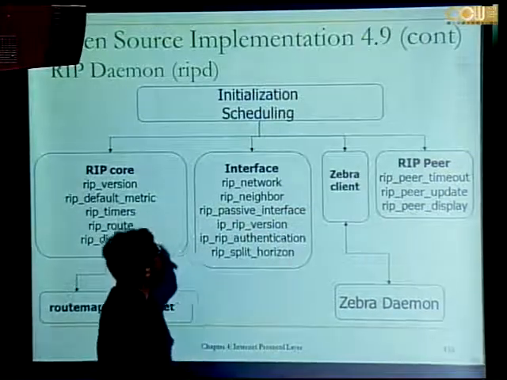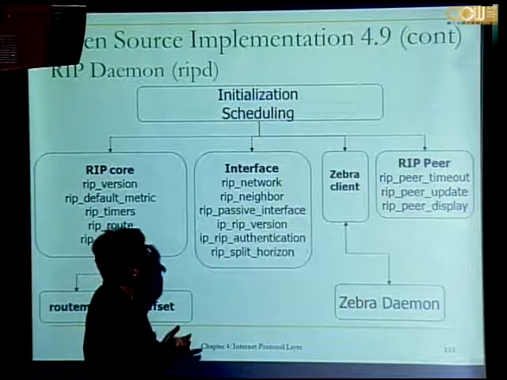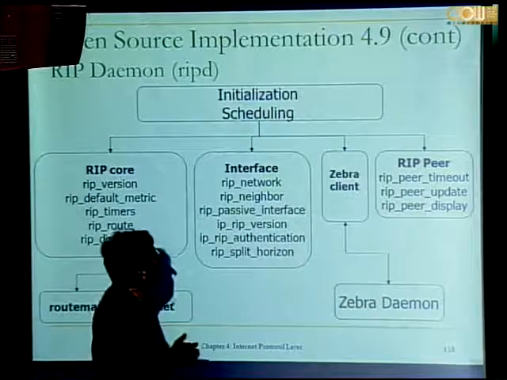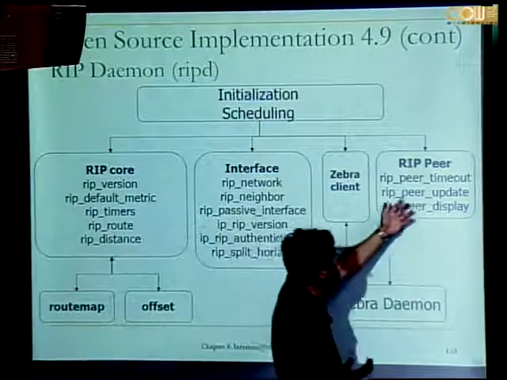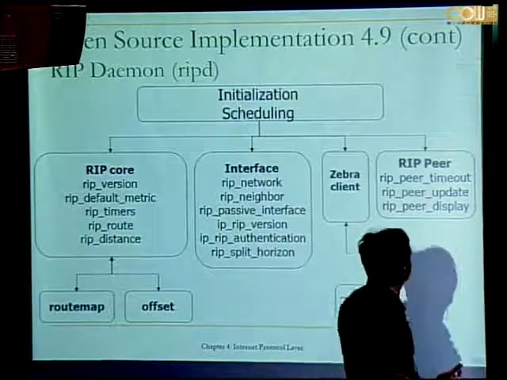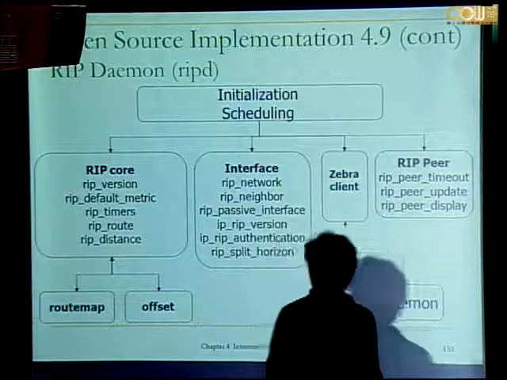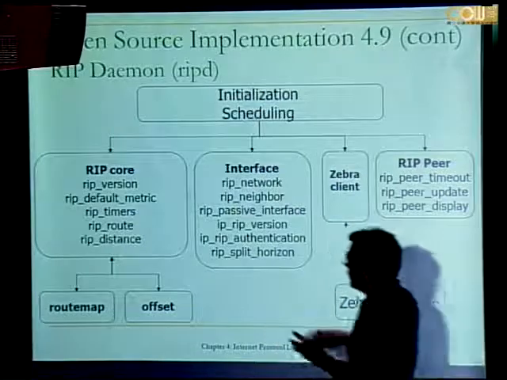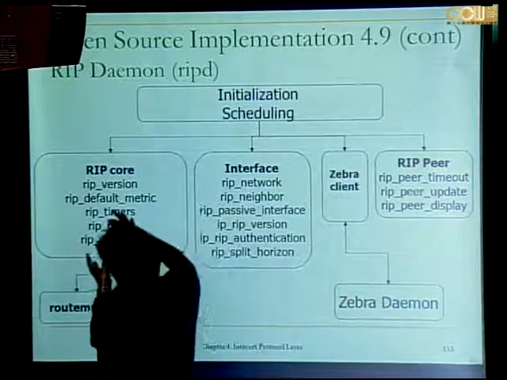If I need to exchange with my neighbor routers, then I call these functions. Okay, so the Dijkstra algorithm is implemented here. Sorry, the Bellman-Ford algorithm.